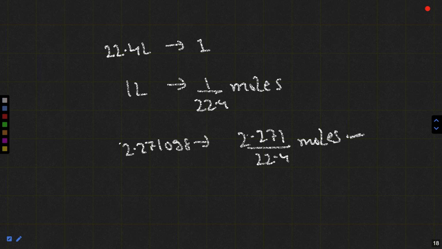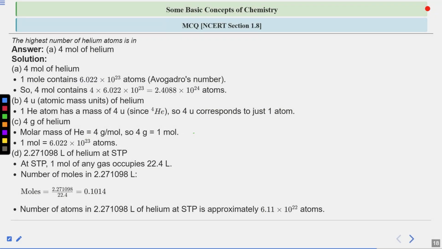Yes, molar mass of helium is 4 gram. Got it. So again, I am repeating it. 22.4 liter means 1 mole at STP, right? Or we can say that in 1 liter, there will be 1 by 22.4 mole at STP. But in how many liter we have to calculate? We have to calculate it in 2.27.